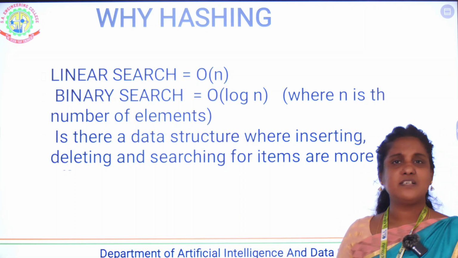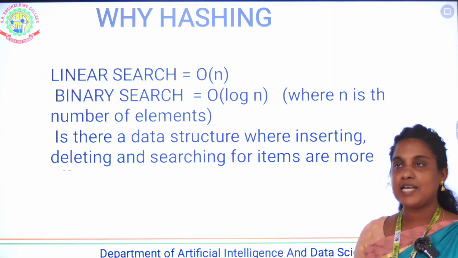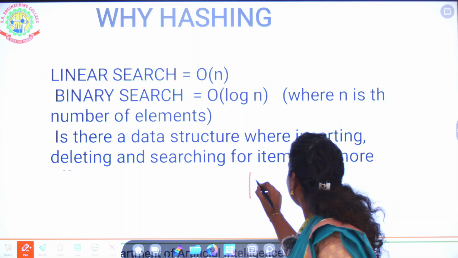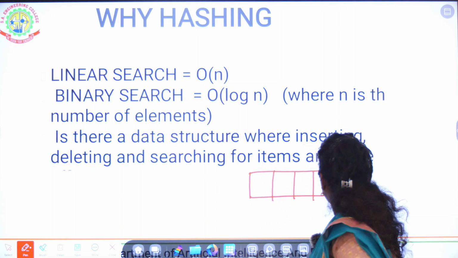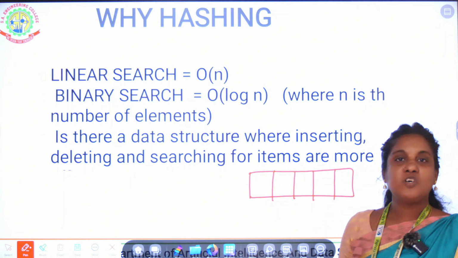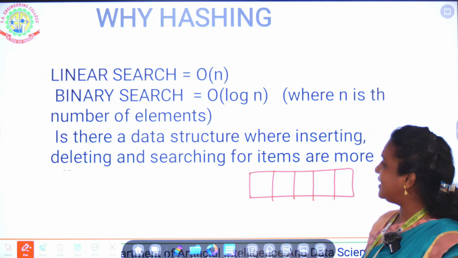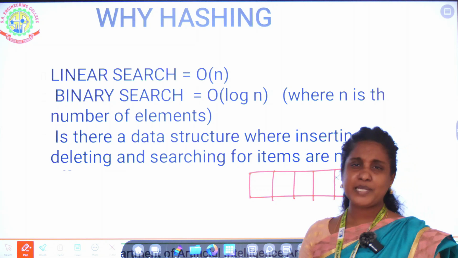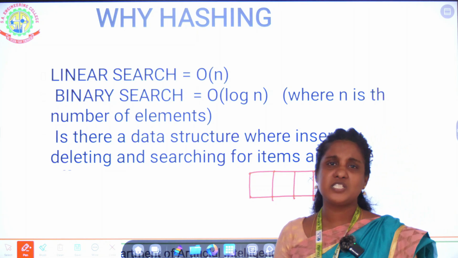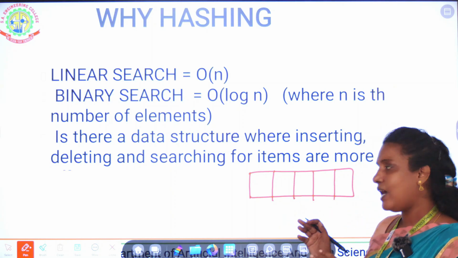So first we will see what exactly linear search will do. If you take an array, it consists of some elements. I want to perform a searching operation. So the main thing is linear search. If you are performing linear search, the array might be in sorted order or unsorted order. It doesn't matter how the elements are arranged in the array.